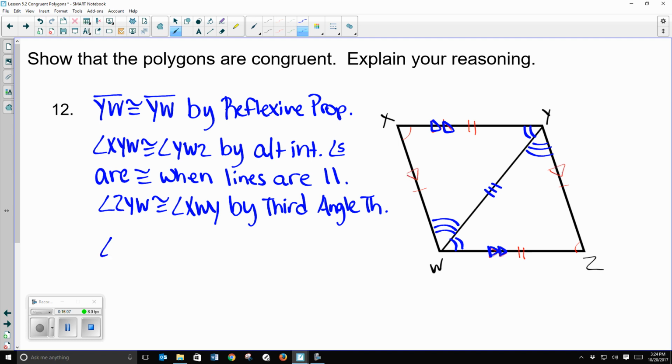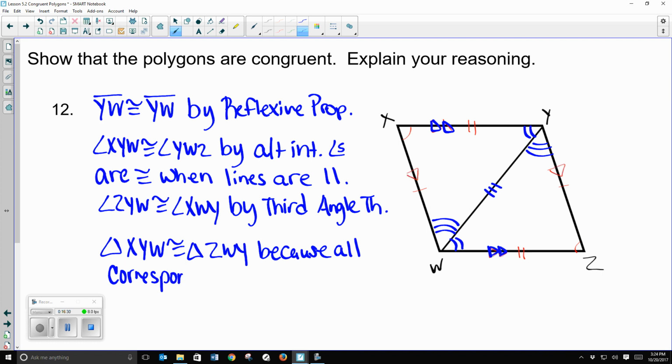So therefore, triangle XYW is congruent to triangle ZWY because all corresponding parts are congruent.